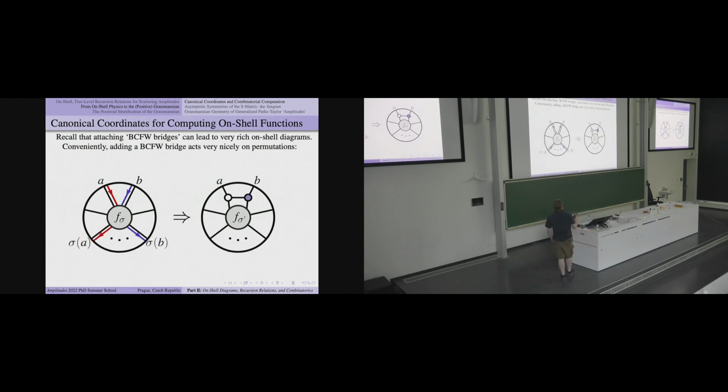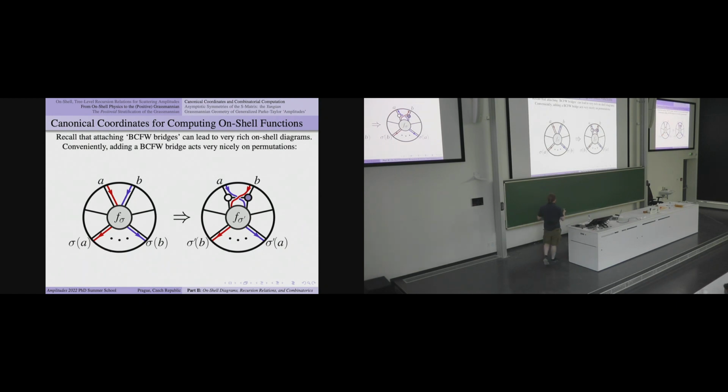But it's interesting to know what happens to the permutation, because adding this bridge has the effect of permuting or transposing the images of legs A and B. So that's all it does there. And that means that this graph is labeled by almost the same permutation as this graph, just with one transposition among the images of A and B.